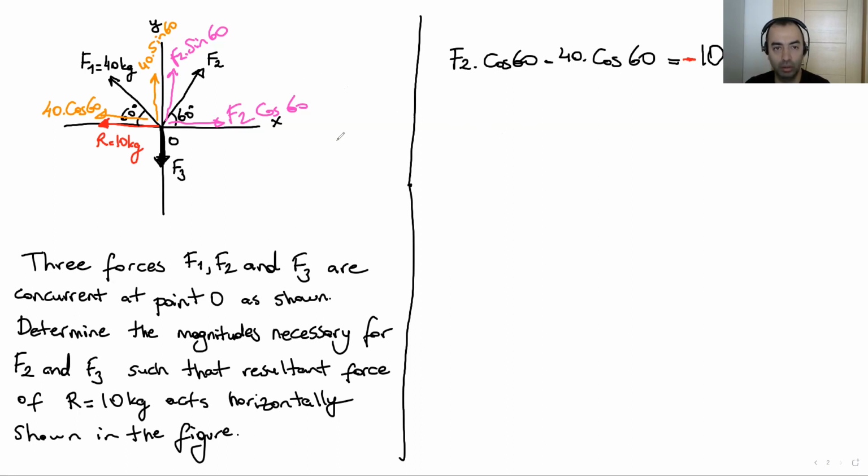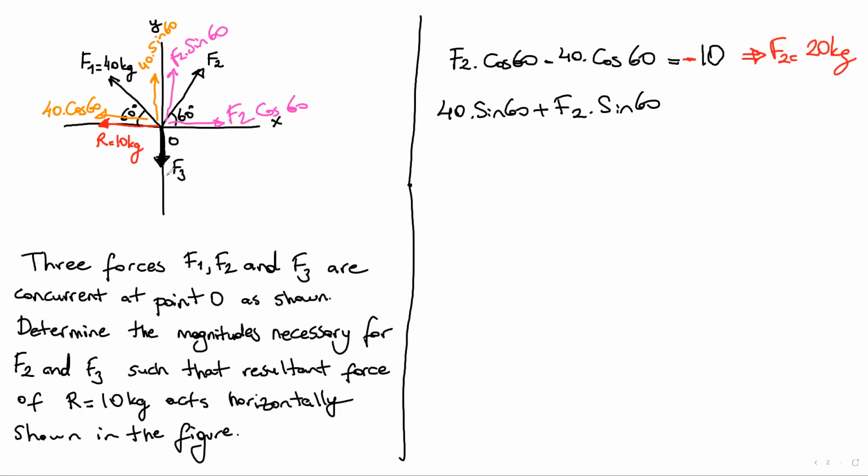Let's do the y direction. In y direction, we have in positive direction 40 times sine 60. More, I have this one, F2, again positive direction, F2, which is unknown, sine 60. And also I have here F3. Is it positive or negative? Negative. Negative, yes.